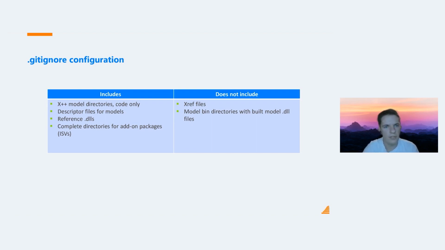You want to include, of course, the script files. You want to include the reference DLLs, and you want to include directories for add-on packages like vertical or ISV solutions that you have. What you don't want to include is XREF files and model bin directories with the model DLL files, and so on. You don't want these because every time you build, these files are generated.